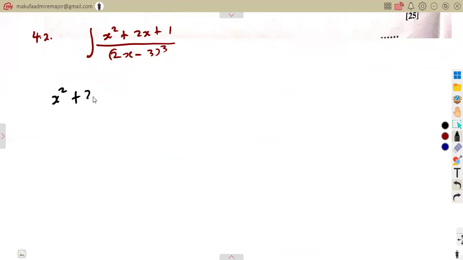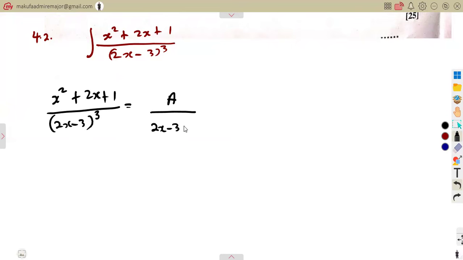So it's going to be x squared plus 2x over 2x minus 3 to the exponent of 3. So you just take this 2x minus 3 from 1 up to the power of 3 that you're given. So it's going to be a over 2x minus 3, meaning to say it is to the power of 1. But there's no need for us to write that power of 1.